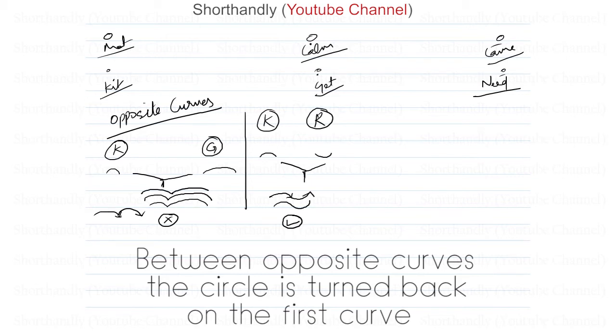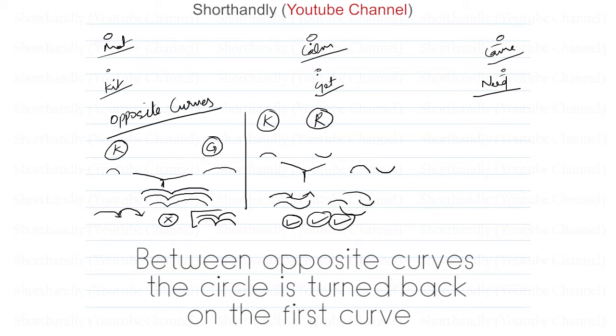The first curve is this and the other curve is in the opposite motion. K and G go the same way, but with K and R, the first motion is like this, then the other motion is like this, so we call this opposite curves.